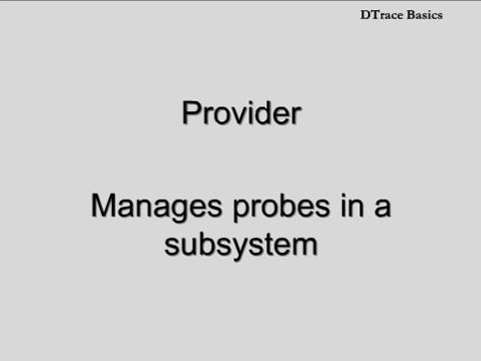So if there's a specific thing that you're trying to detect, for example, let's say that the event is you want to know every time Python enters a new function, then that would be a probe, and Python is the provider of that probe. So the provider means this is a piece of software that gives you a unit of observability, which is called a probe, and this is what manages it.